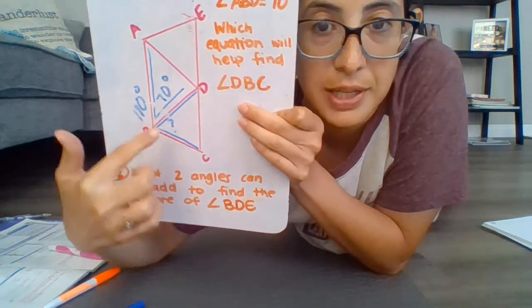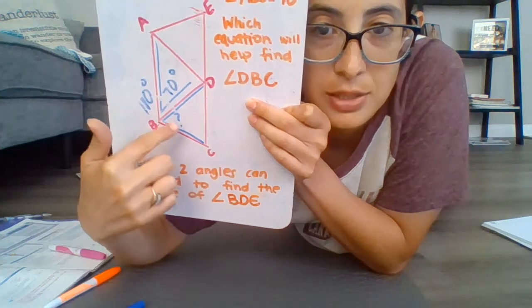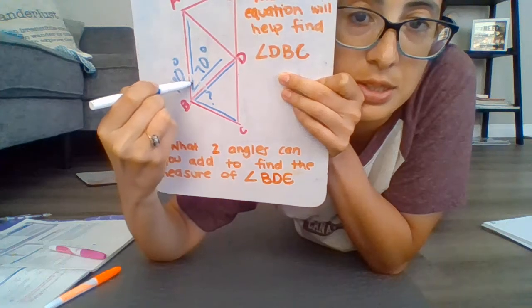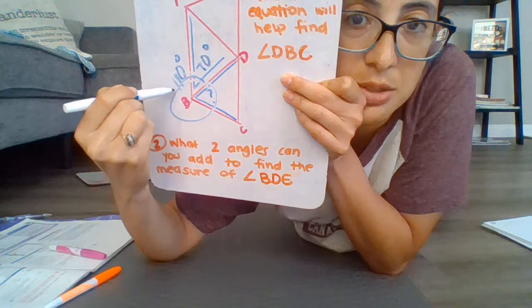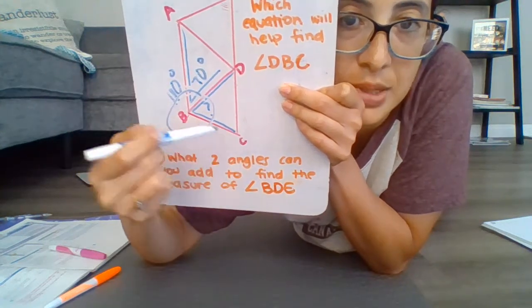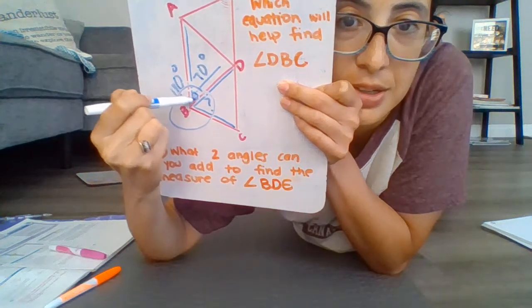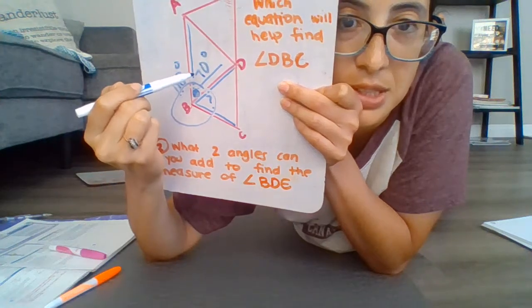Now I need to find D, B, C. So I'm going to circle it so it's easier to see. This entire angle, A, B, C, is 110 degrees. Then this part right here, A, B, D, is 70 degrees.